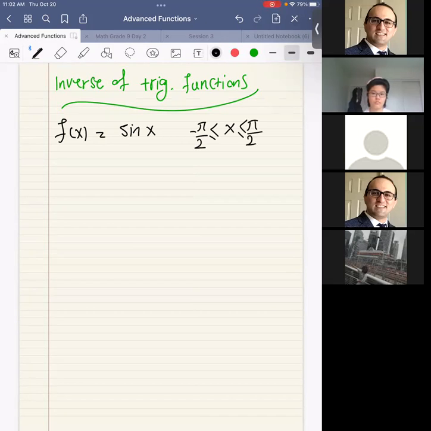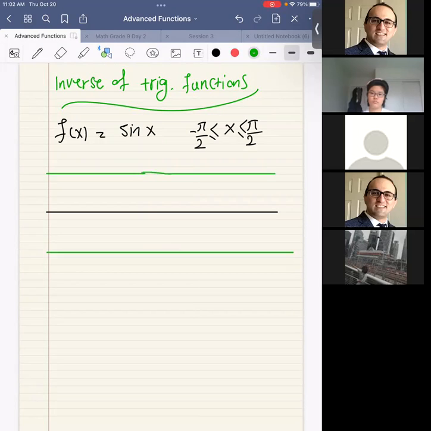Then on this interval, the sine function is 1 to 1. So let's look at the graph of the sine. So this is 1 and minus 1.